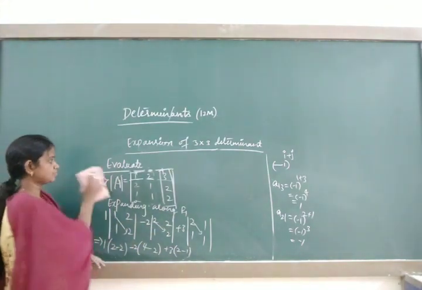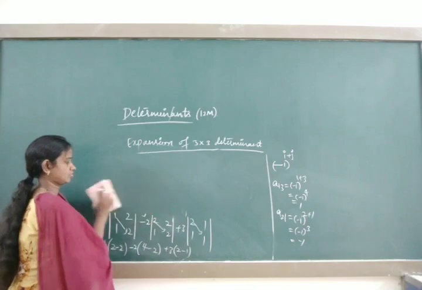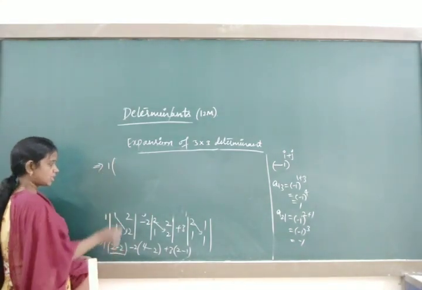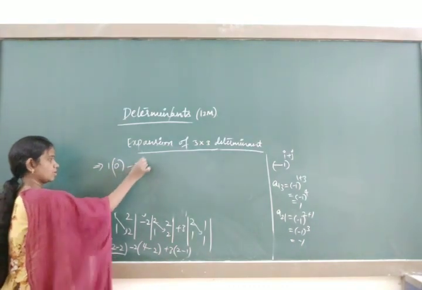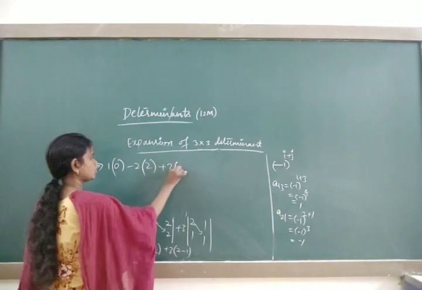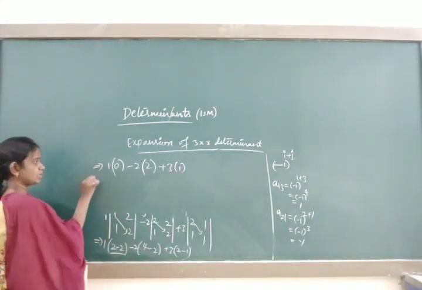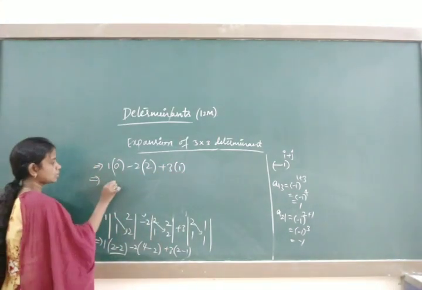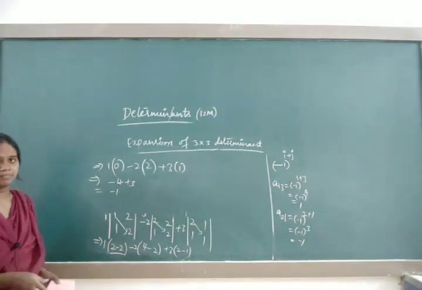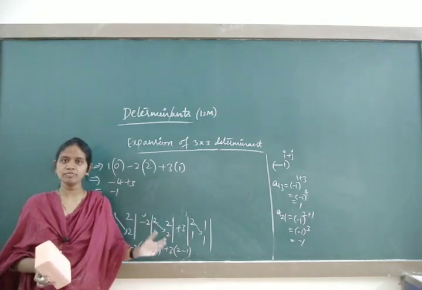Don't forget. This is 2 minus 2 is 0, 4 minus 2 is 2, 2 minus 1 is 1. So this is 0, 2 2s are minus 4, that is plus 3, so the value will be minus 1. So this is the expansion of 3 cross 3.